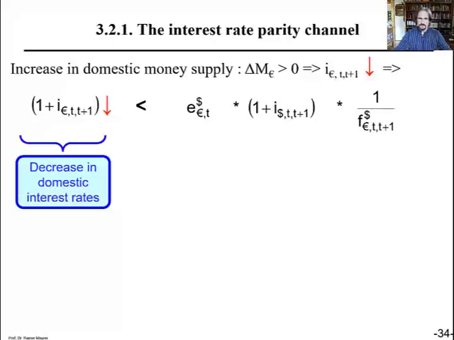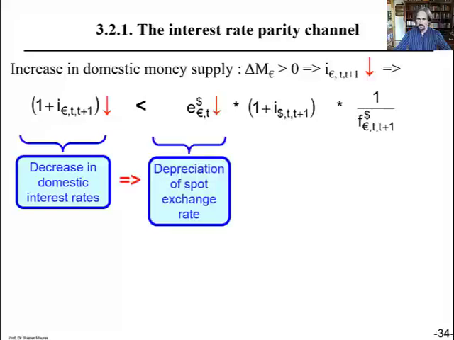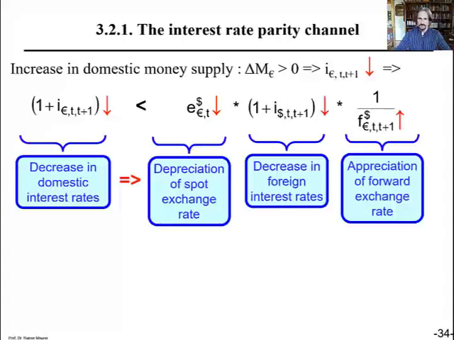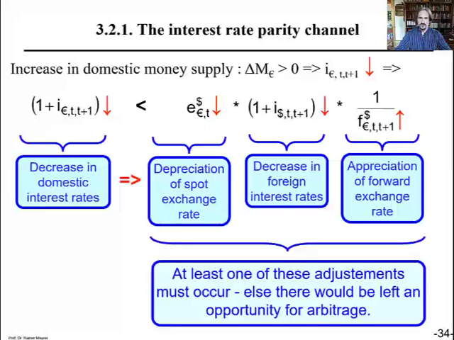As a result, the domestic currency depreciates on the spot market, and/or, since the money is invested in the foreign capital market, the foreign interest rate falls, and/or, since the money return is repatriated by the end of the investment period, the forward exchange rate appreciates. At least one of these adjustments must occur, else there would be left an opportunity for riskless arbitrage profits.